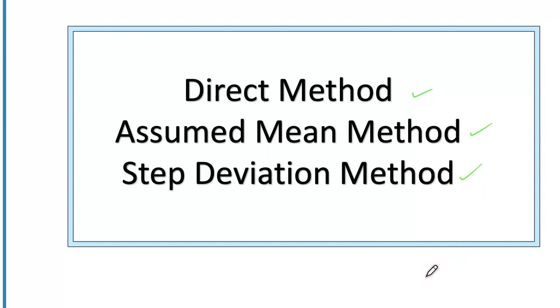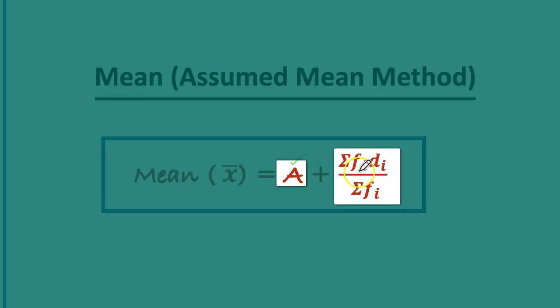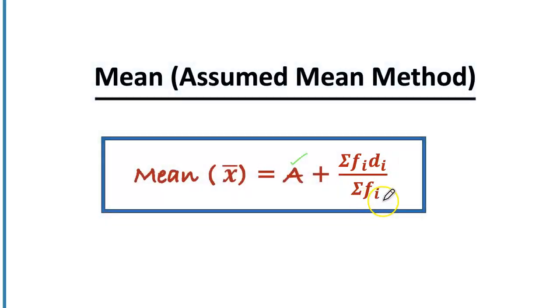Let us discuss the assumed mean method. Mean, x bar, equals a plus sigma fi di by sigma fi. Here a stands for assumed mean, and sigma is the sum of the product frequency into deviation, and the sum of the frequencies.